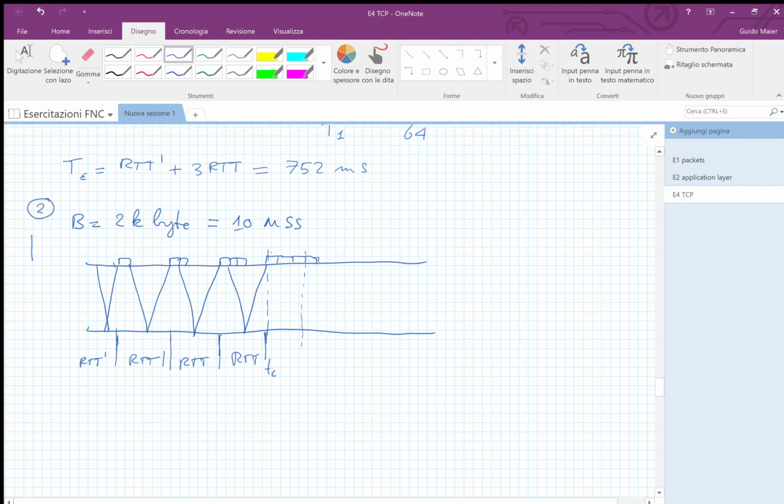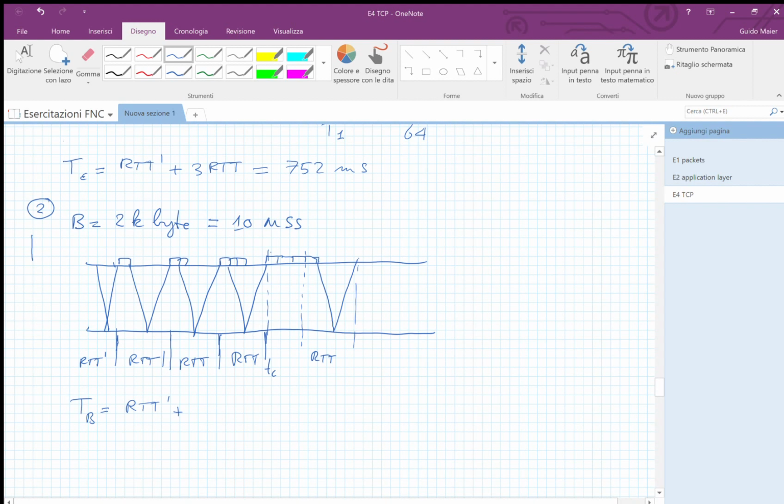And we must calculate the transfer time until the last acknowledgement is received. Okay, so here you have to assume that we have a final round trip time. So in the end, the total transfer time of the file is equal to opening of the connection.